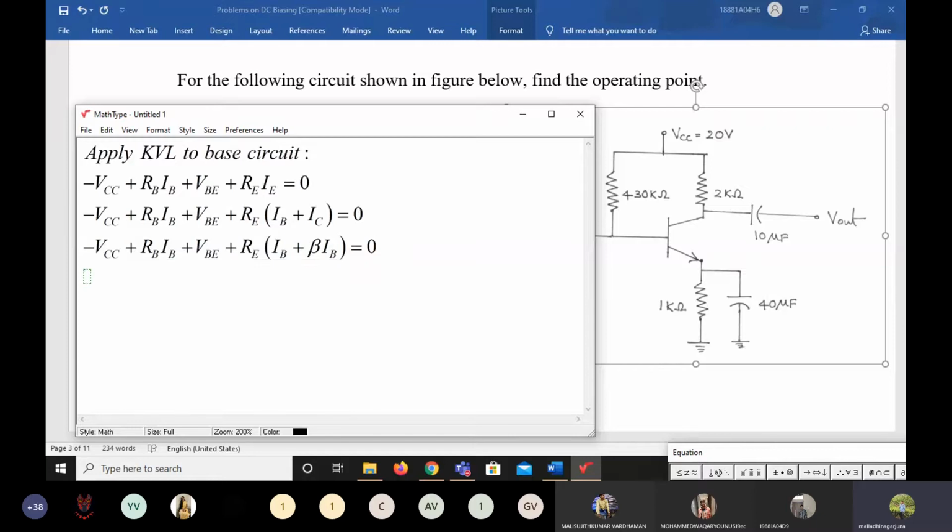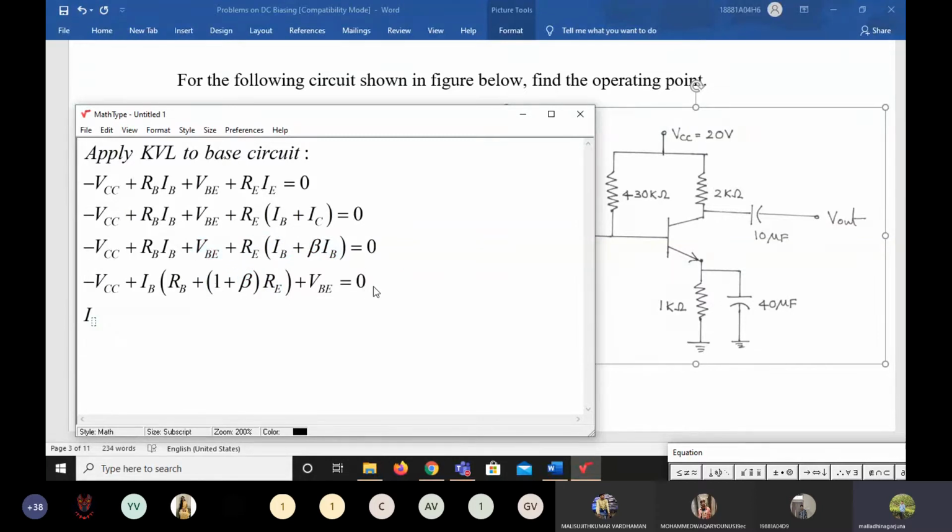Okay, so minus VCC plus, and if you take IB as common here, RB is left over. Next, again, 1 plus beta into RE plus VBE equal to 0.